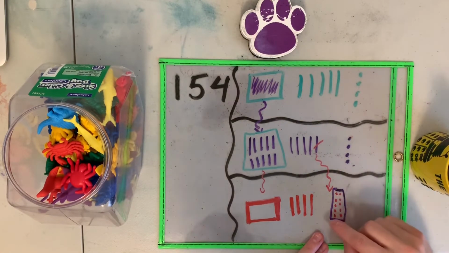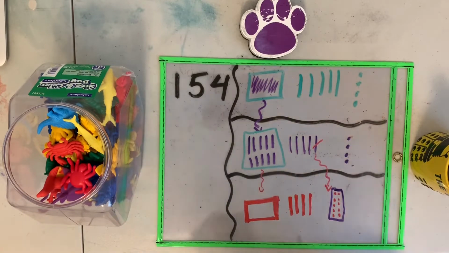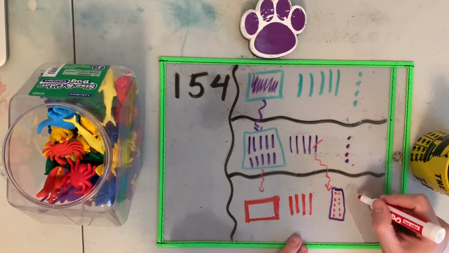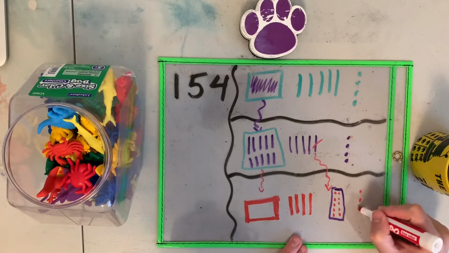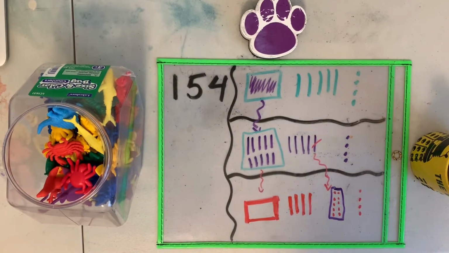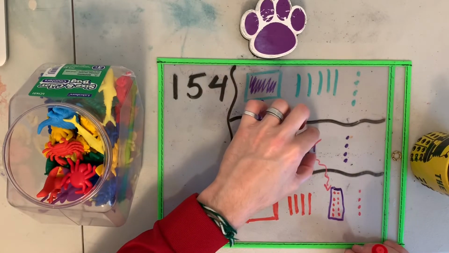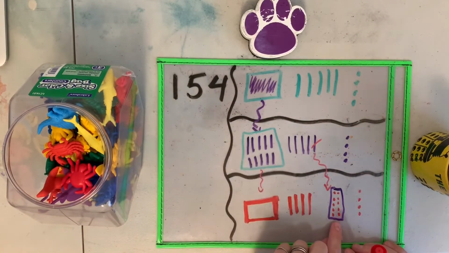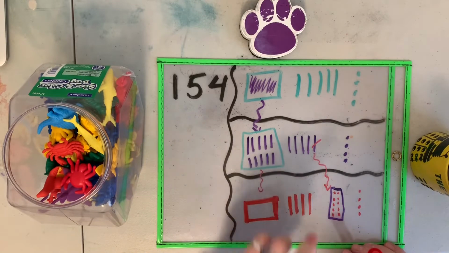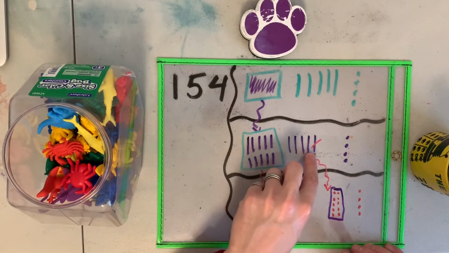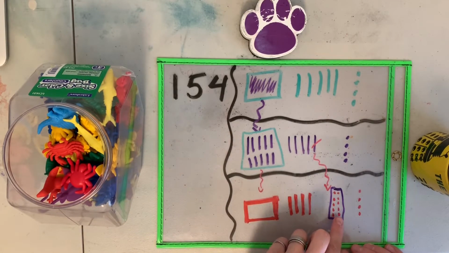Estos 10 que están aquí es lo mismo que una decena. Let me count this one. We have 1, 2, 3, 4. Así que lo único que yo he hecho diferente ha sido cambiar una decena a unidades. All I did different is change these tens and draw them into ones.